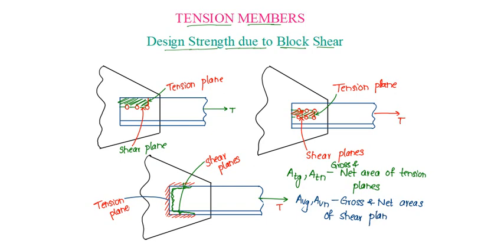Shear is represented by V and tension by T, whereas in case of welded sections, since bolt holes are not present, the net area of tension plane and gross area of tension plane will be same, whereas net area of shear plane and gross area of shear plane will be same.